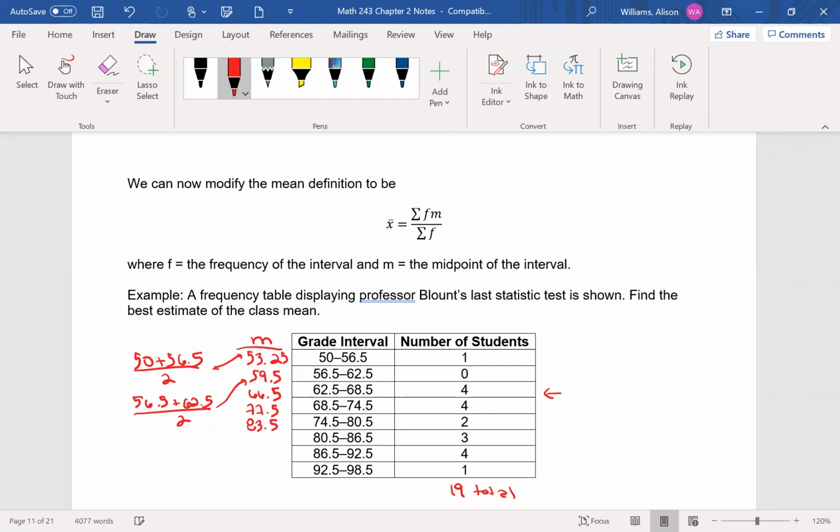I encourage you to pause the video and double check that you're getting all of these values so that you're able to calculate them.